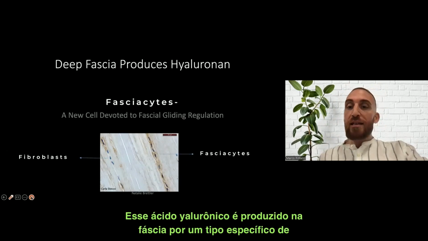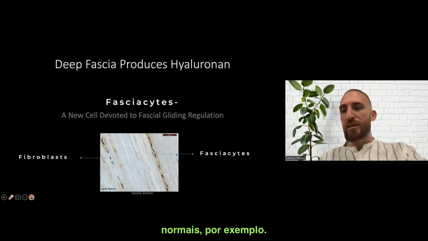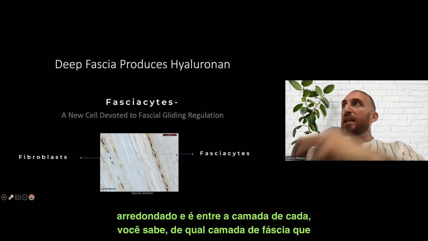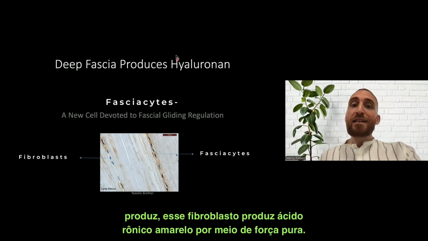This hyaluronic acid is produced within the fascia by a specific type of fibroblast, which has different features from a normal fibroblast. For example, it is more rounded, and it sits between each fascial layer. These fibroblasts produce hyaluronic acid through shear force.